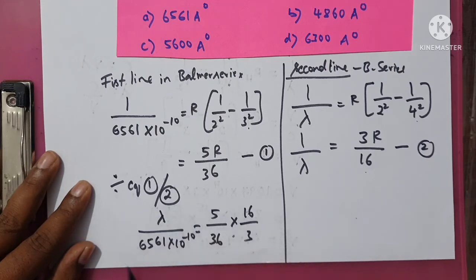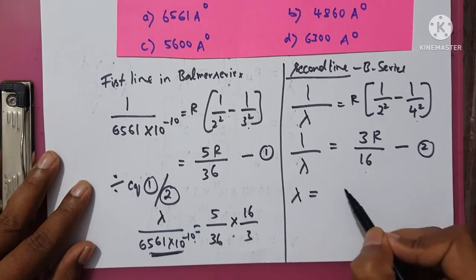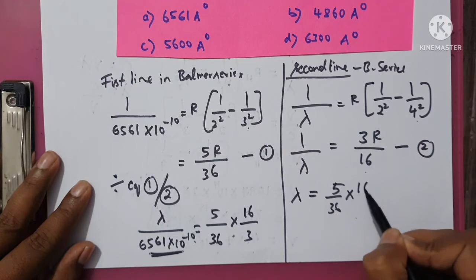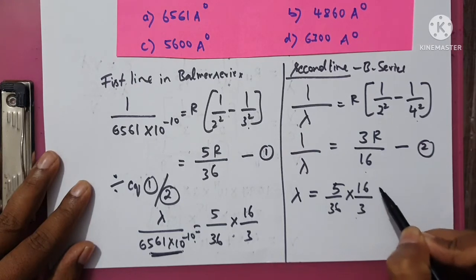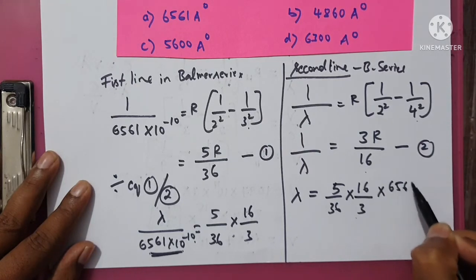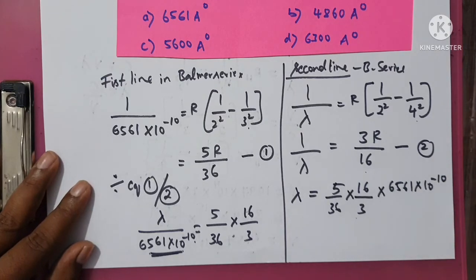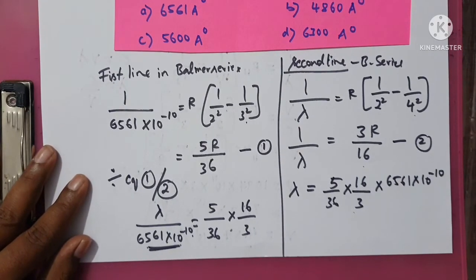If we simplify further, I'll send this 6561 into 10 to the power of minus 10 to this side. Therefore, the wavelength is equal to 5 by 36 into 16 by 3 into 6561 into 10 to the power of minus 10. Hope you have understood till here.